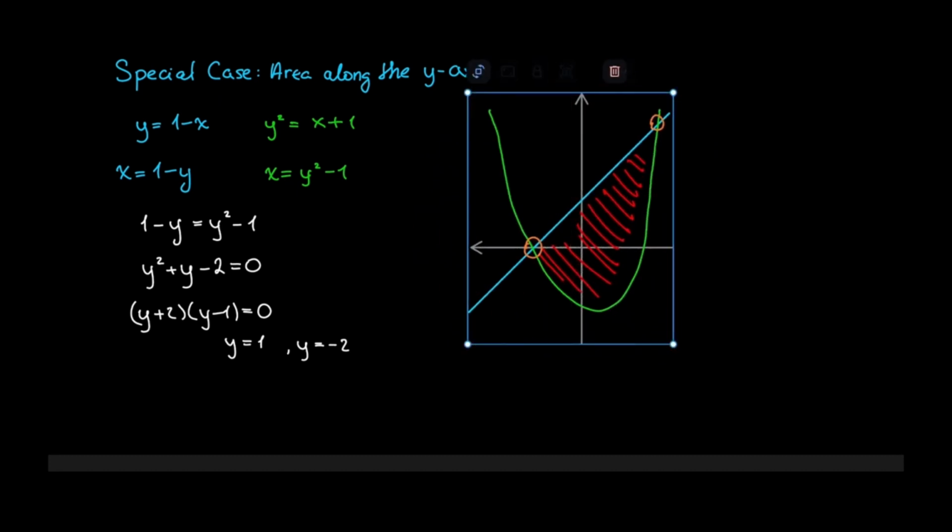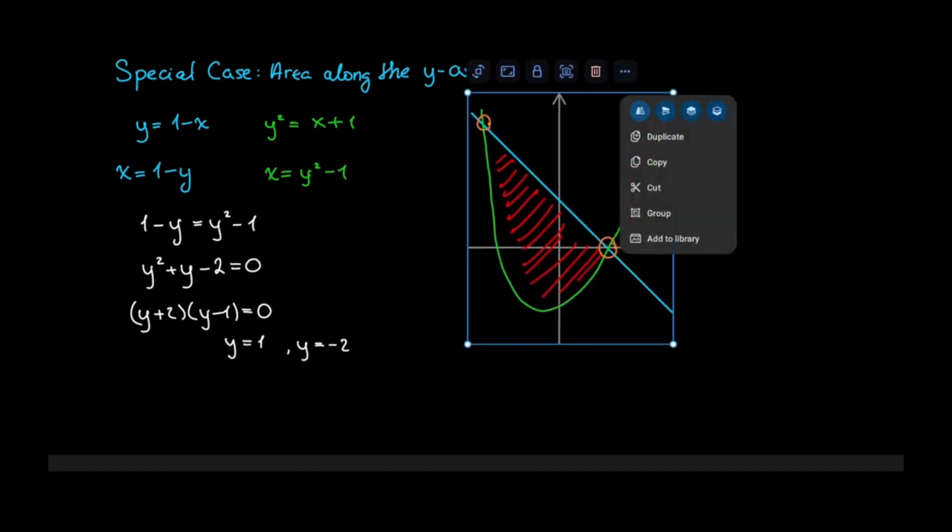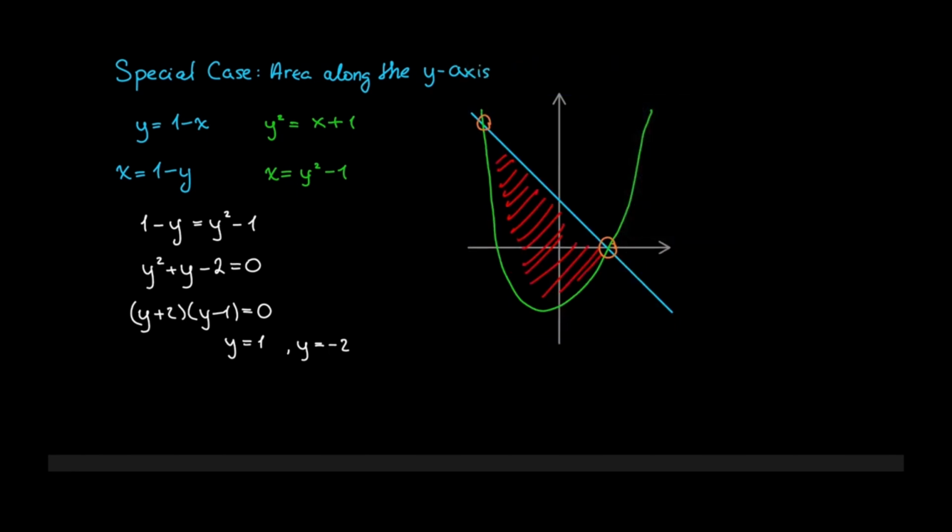This entire graph was flipped and then also mirrored. So that means technically we're evaluating the integral from negative 2 to 1 of the linear function subtracted by the quadratic function. And most importantly, the integral here isn't going to be dx anymore, but dy, because our variable has changed.